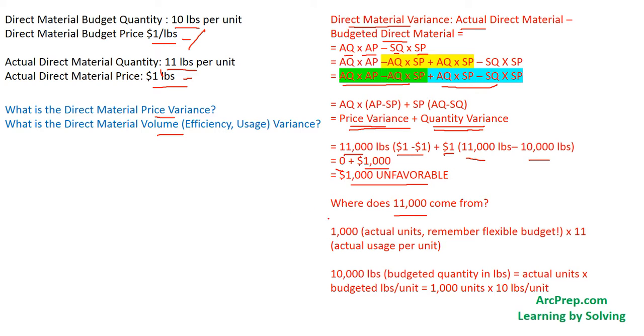Now, where does 11,000 come from is the question. What we are going to do, and what is getting kind of mixed, is we are trying to calculate based on 1,000 units. So we are taking the actual units and we are multiplying it by the standard rate, 10 pounds per unit. This is very critical and crucial, just because people get mixed about, okay, should I use the standard quantity in number of units or the actual?